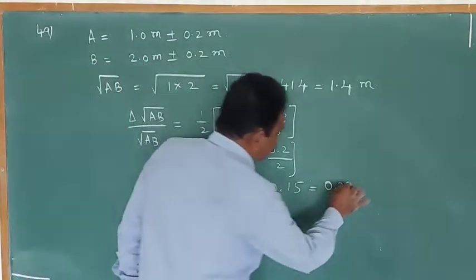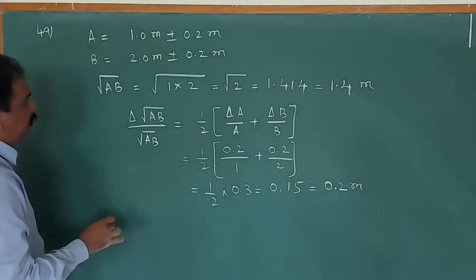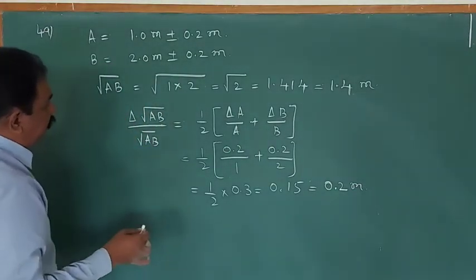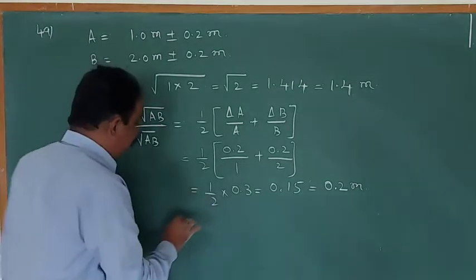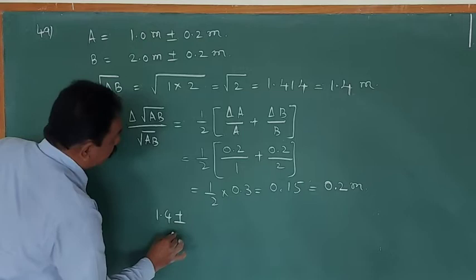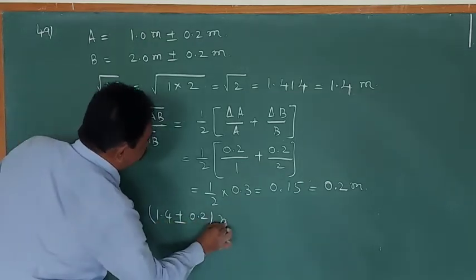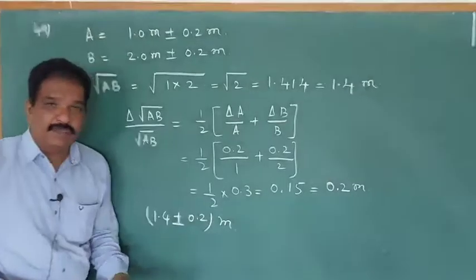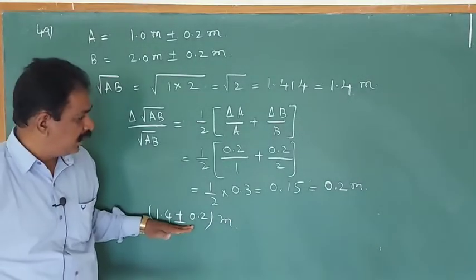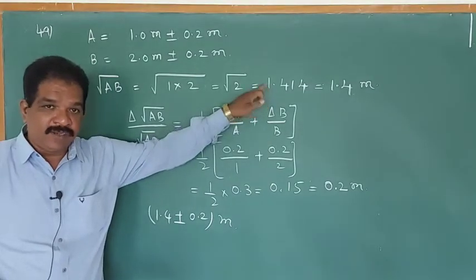This will also be in meter. So what is the final answer? What do we have to write? Final answer will be the root AB value 1.4 plus or minus 0.2 meter. This is the error, this is the root AB value.